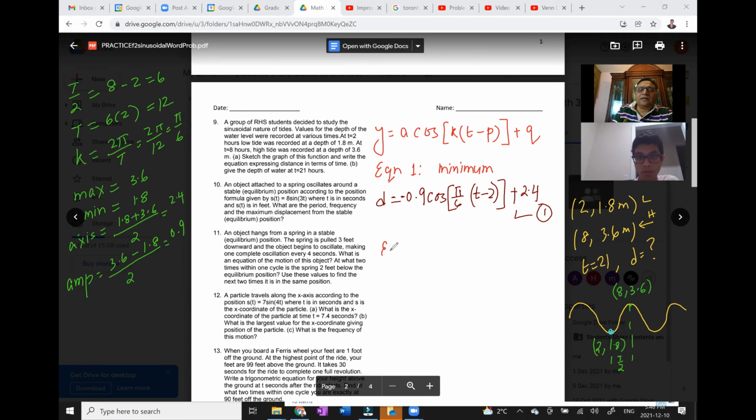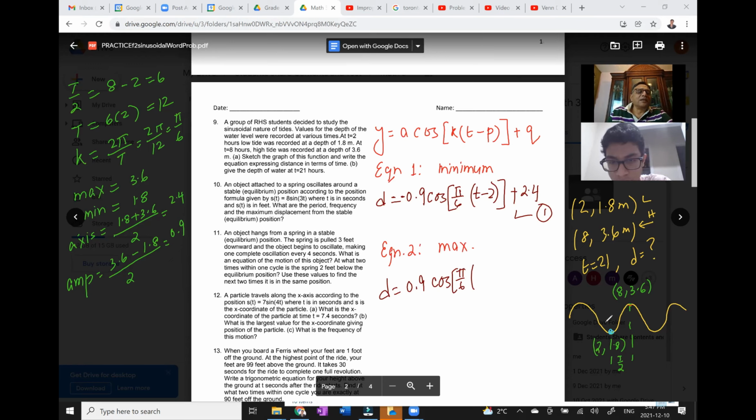Now let me give you another equation. Now I'll consider the maximum this time. So when you are starting with maximum, it is the cosine wave as such, correct? So now I write d as positive 0.9 of cos, k value being the same, and that maximum really occurs after 8, correct?